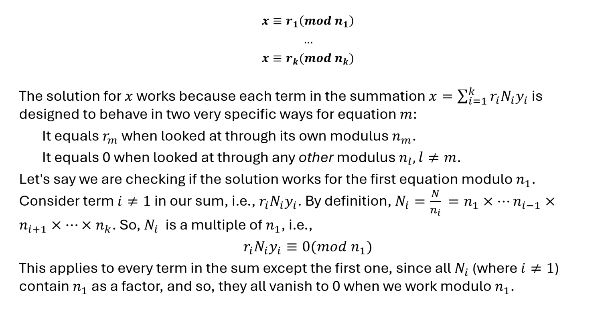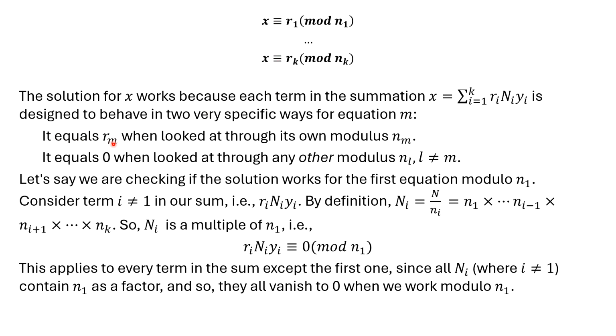On this slide and the next, I want to explain why our solution x that we described a few slides back actually satisfies the system of equations related to the Chinese remainder theorem. The solution for x works because each term in the summation is designed to behave in two very specific ways for, say, equation m, one of these equations here.